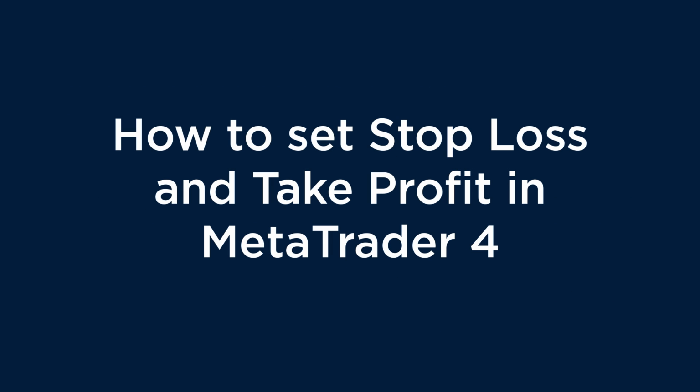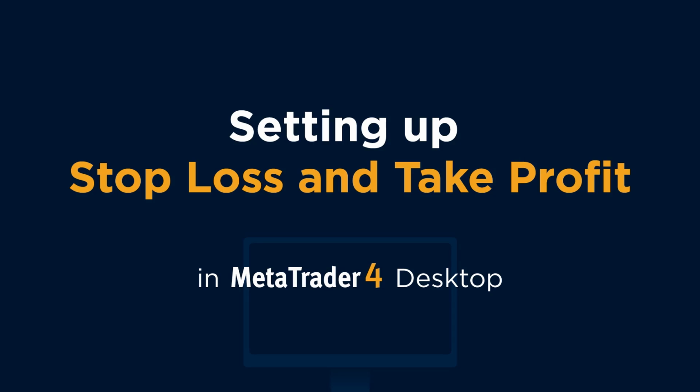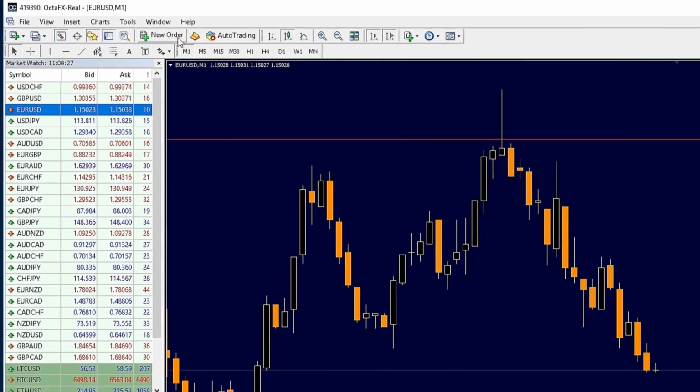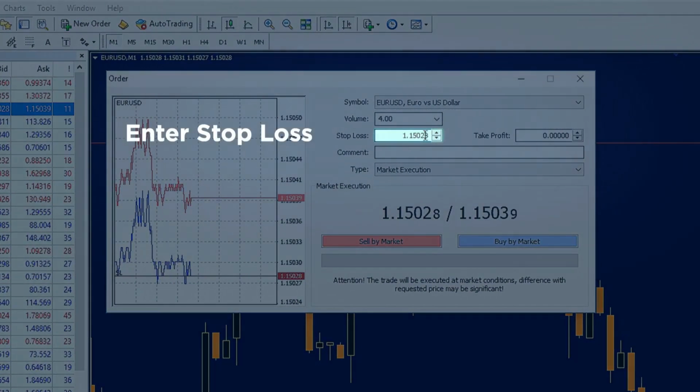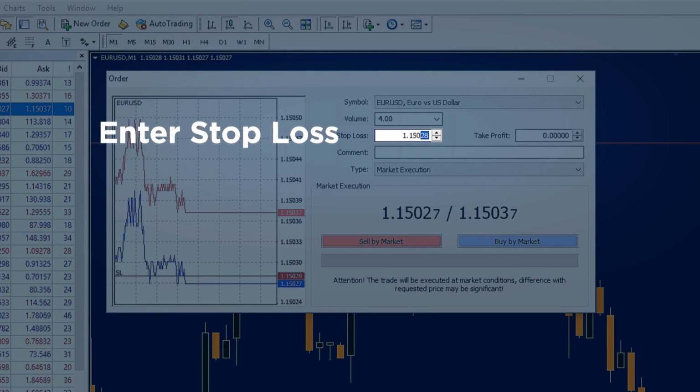How to set stop loss and take profit in MetaTrader 4. For desktop and web versions of MetaTrader 4, enter the price levels in the corresponding fields and confirm opening the order.